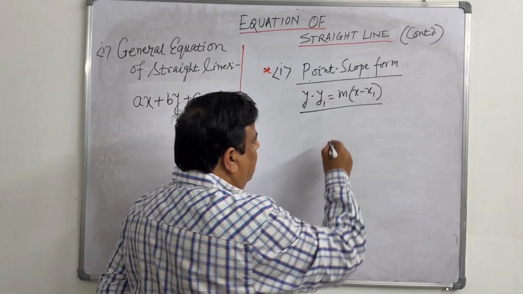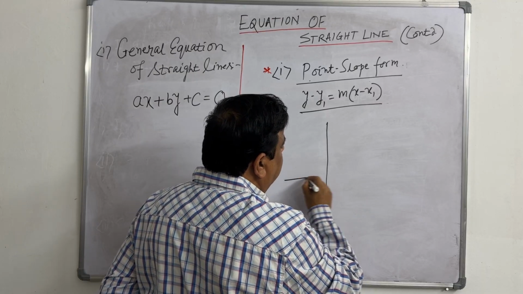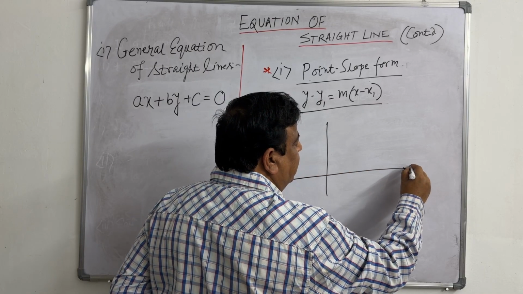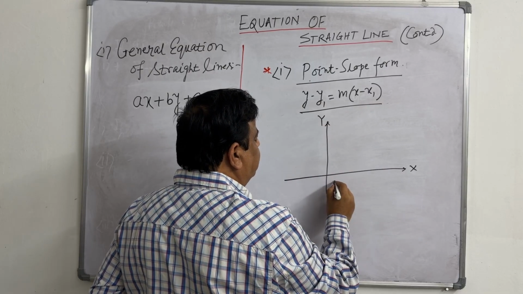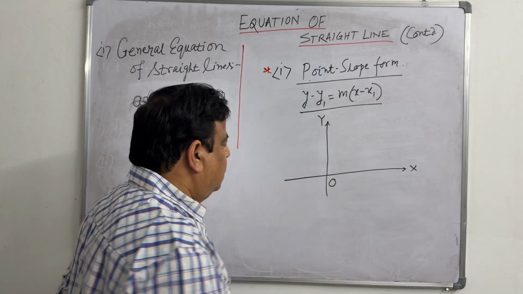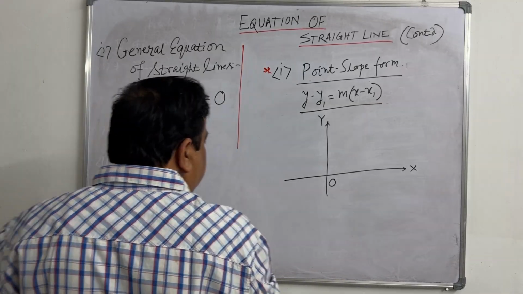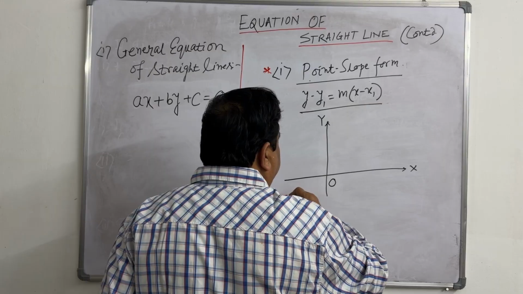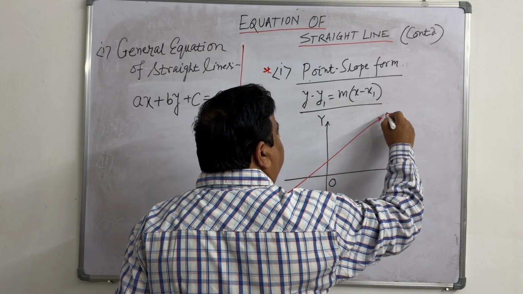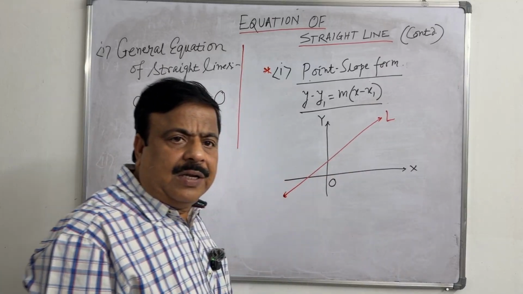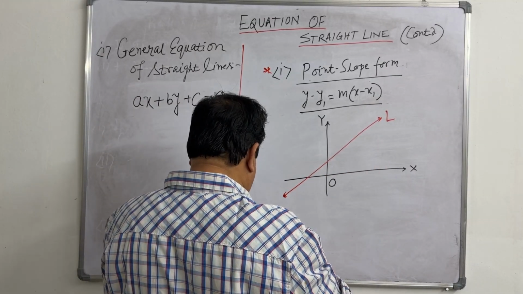Draw the Cartesian coordinate plane. This is x-axis, this is y-axis, and here is your origin. Okay, suppose the straight line is this one. This is the line which is passing through a given point, say x1 y1.